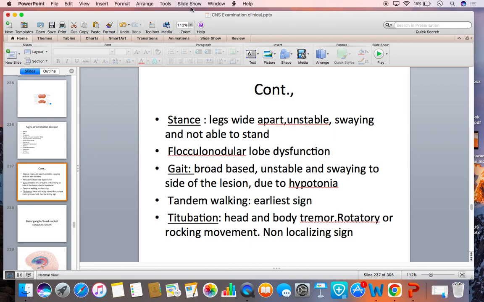There is the dentatorubro-thalamocortical projection from the cerebellar hemisphere to the contralateral red nucleus and the thalamus.